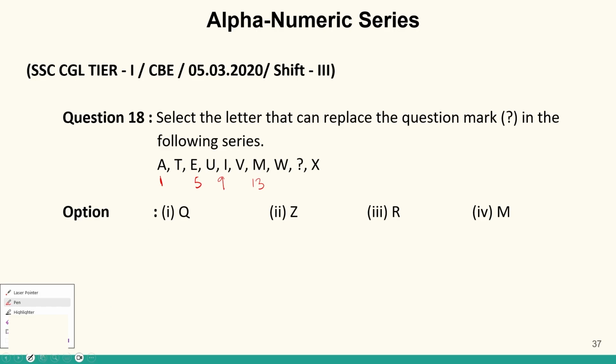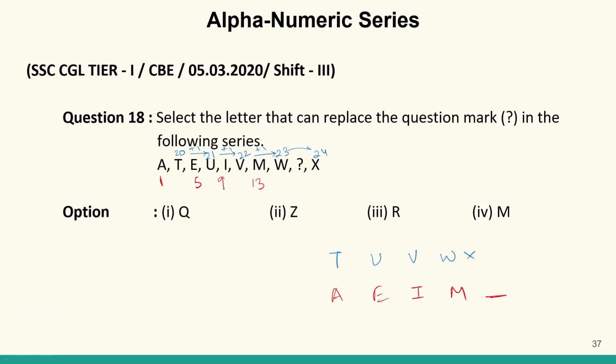Then we have to find out. And for the other series, T is positioned at 20, U is positioned at 21, V is positioned at 22, W is positioned at 23, and X is positioned at 24. So very easily we can see that one position is being increased, right? So the second series is T, U, V, W, and X. So the first series has to be A, E, I, M, and then we have to find out.